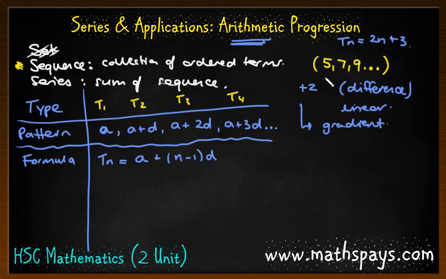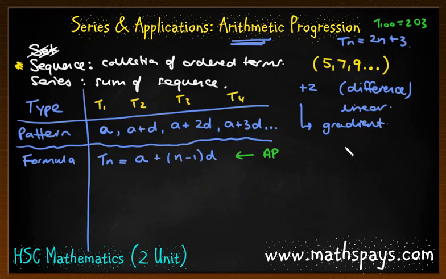Now, that's a slightly different formula than we used yesterday. We used the nth term rule back in year 7, but this is the one that we're going to use for an arithmetic progression. That's going to help me to find the nth term. I think we said yesterday that T100, using that rule, is 203.